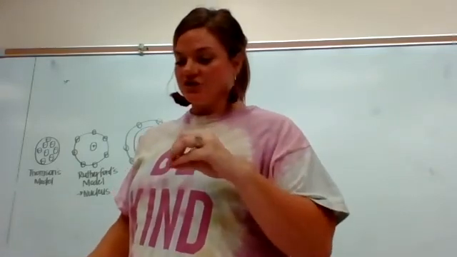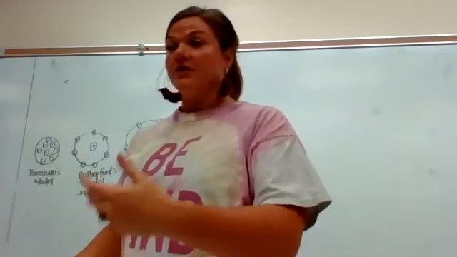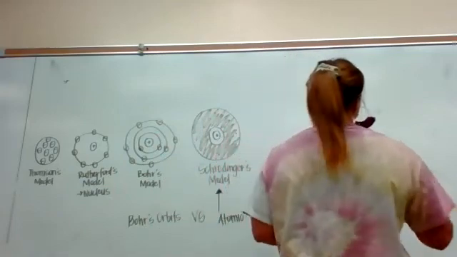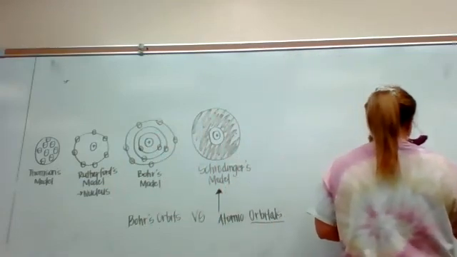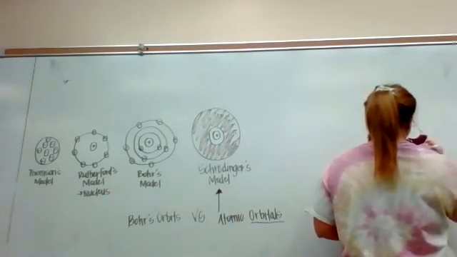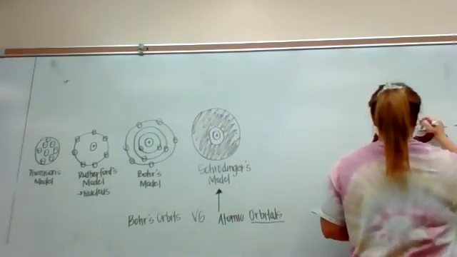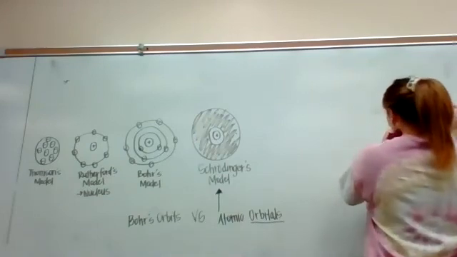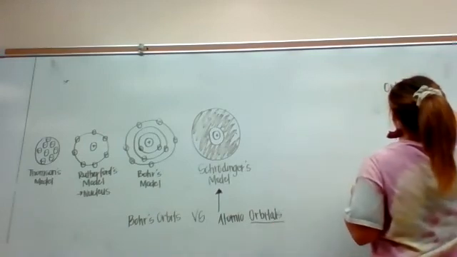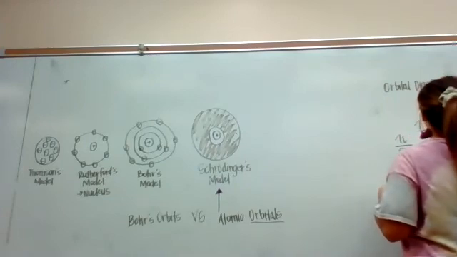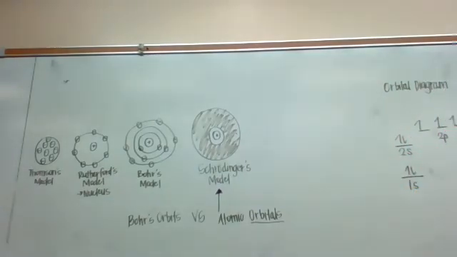So the rest of this chapter really just talks about the quantum numbers. There's 4. So in chapter 3, we're going to draw orbital diagrams for all the elements on the periodic table.